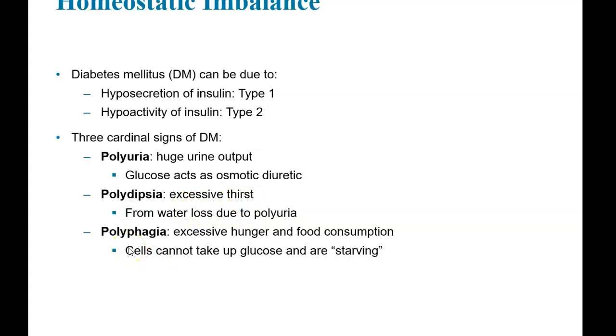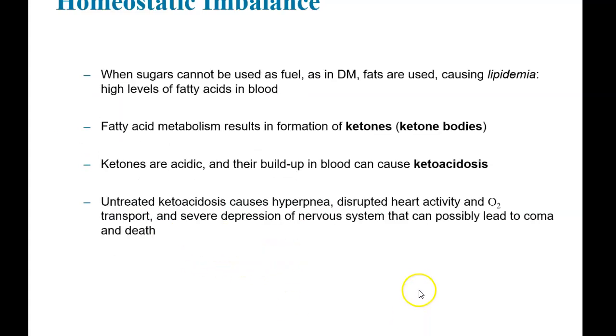And there's polyphagia. That means that you have an excessive hunger or food consumption. This is because the cells can't take up the glucose, and so they give you that sensation that you're starving. When sugars can't be used as fuel, then the fats are used instead. So this causes lipidemia, which results in high levels of fatty acids in the blood.